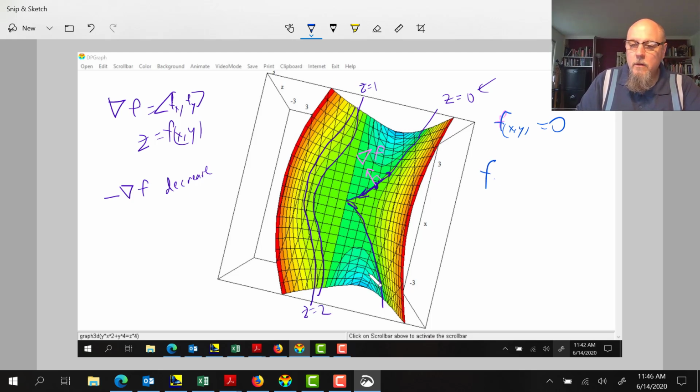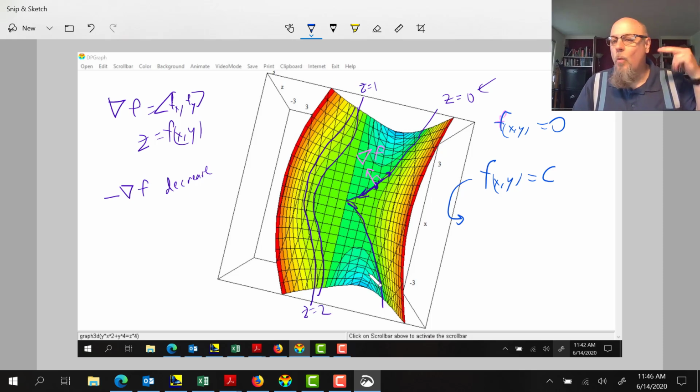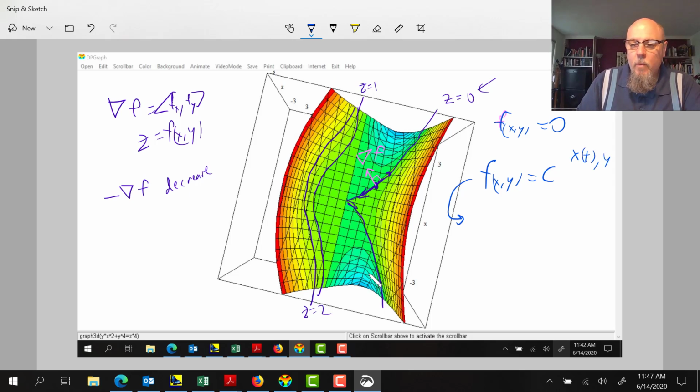They're all f of x, y is equal to some constant. What if I differentiate this function? Now, before I differentiate that, I'm thinking about me walking on this level path, walking on this mountain. So my x component, like longitude and latitude, is a function of time. My y component is also a function of time as I wander all over this mountain.